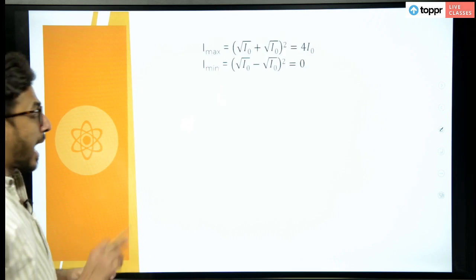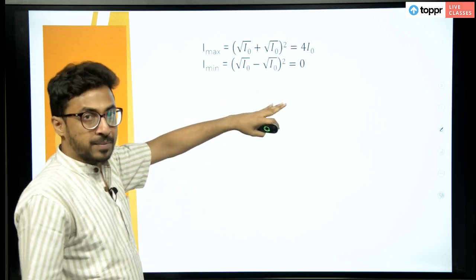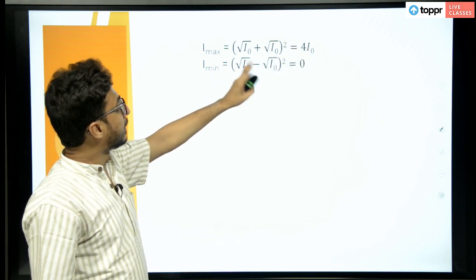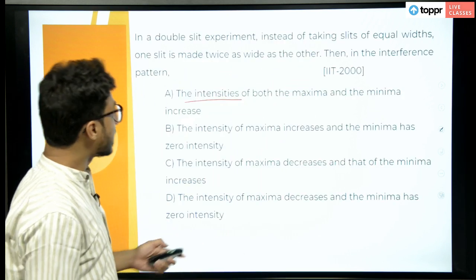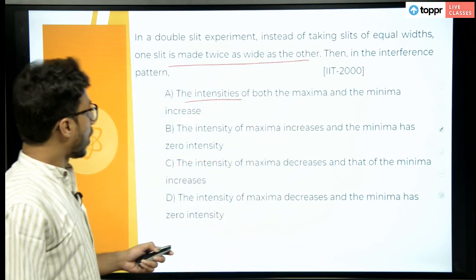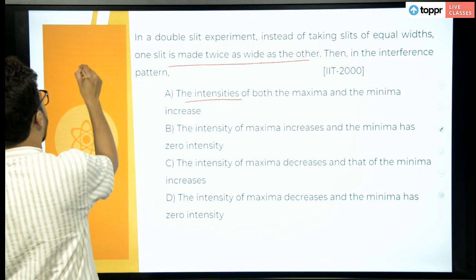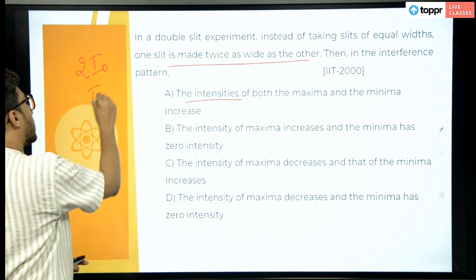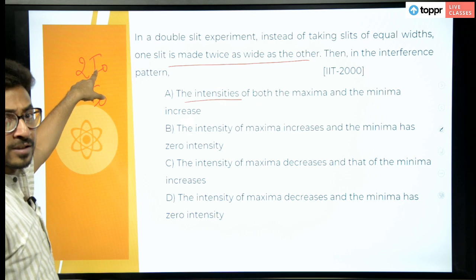Now see, in the constructive interference, what happens? The amplitudes get added up, and in the destructive interference the amplitudes are subtracted. But now what is said? One slit is made twice as wide as the other. Then definitely that intensity will be 2I0 and the other will be I0. So the amplitude will be proportional to the root of the intensity.